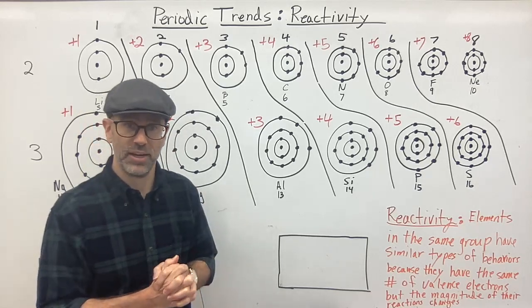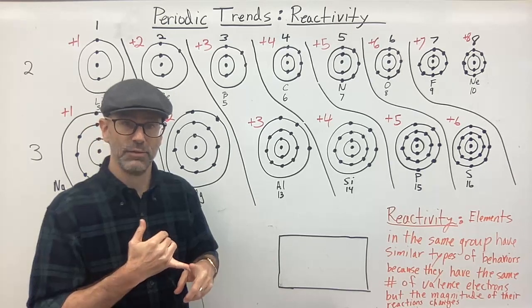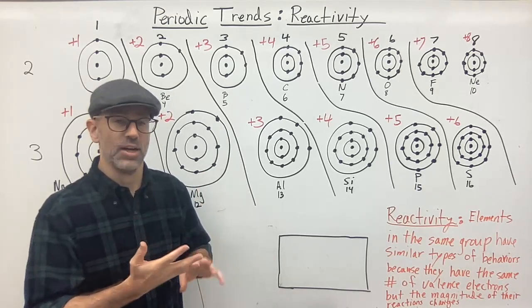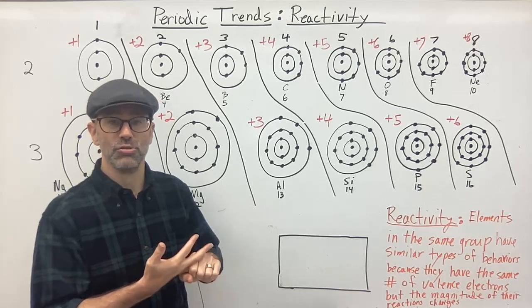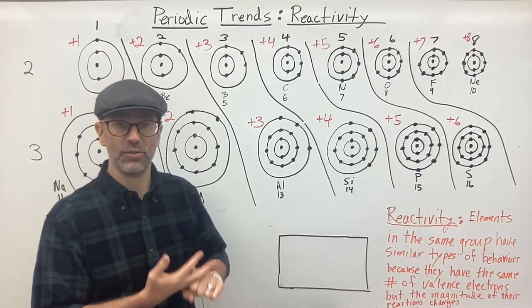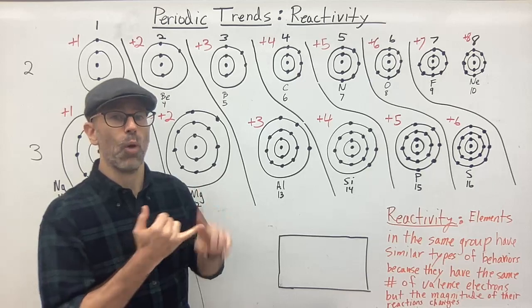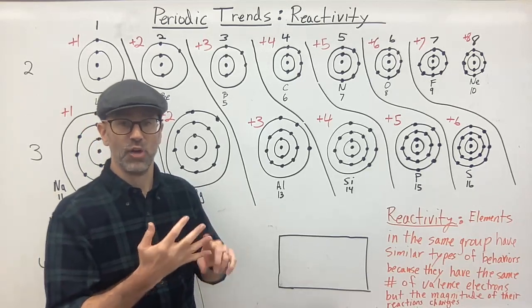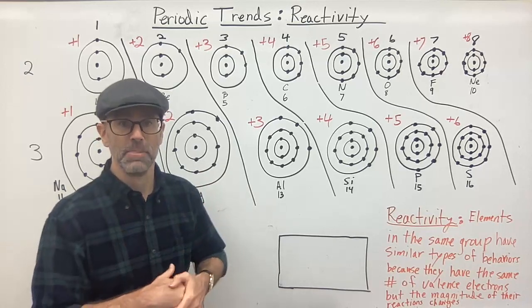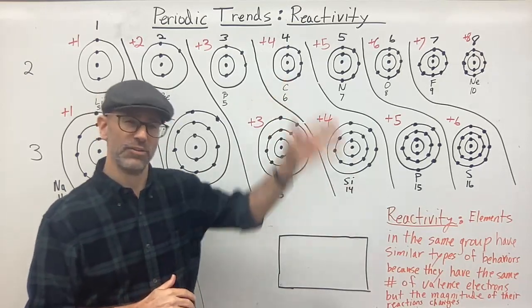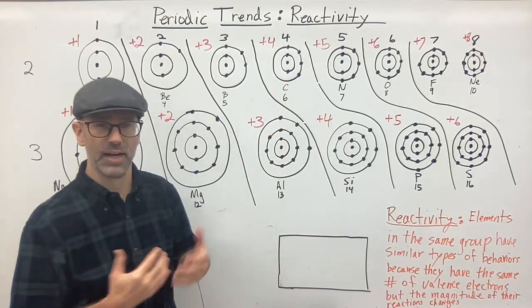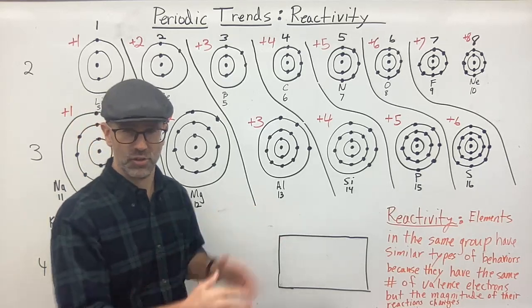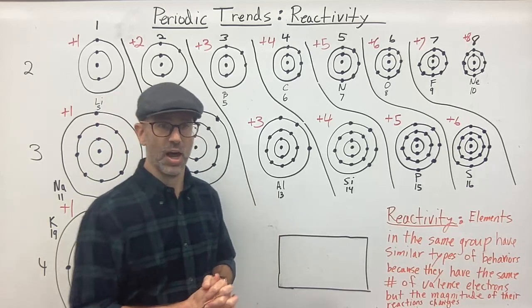One thing I should say is that things like reactivity or electronegativity don't really apply to noble gases, because noble gases are stable, so they're not going to want electrons, give electrons, or take electrons, so they're not going to be reactive. So the noble gases over on the right side of the table really don't apply to these trends.